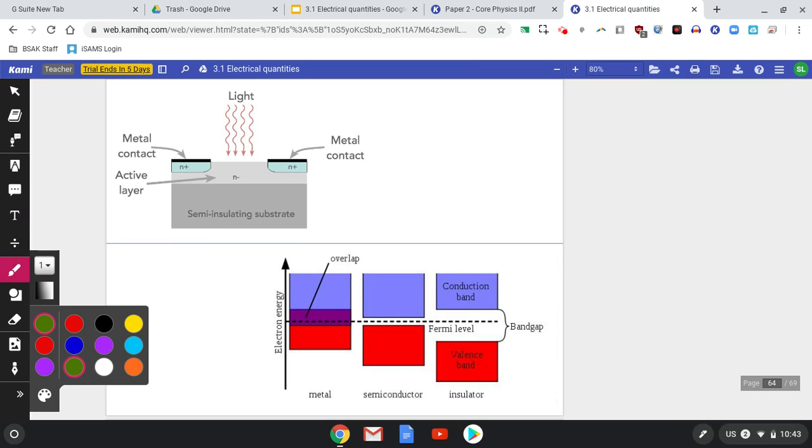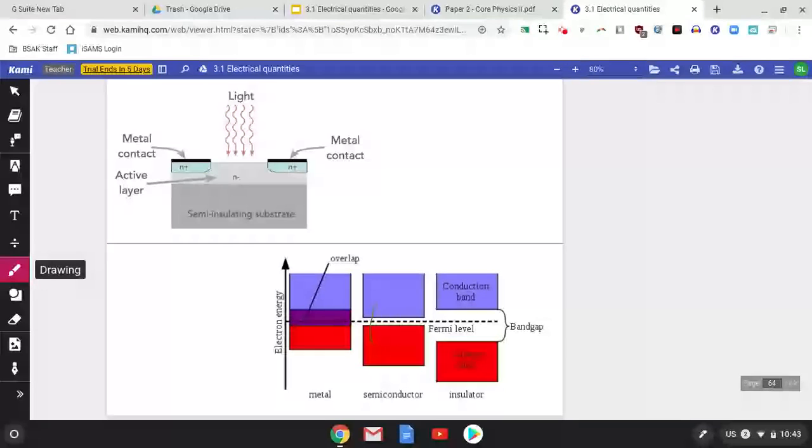Each electron will absorb a photon and make a jump into the conduction band, and then they can conduct. These electrons will conduct across the gap between the two metal contacts. So that's how LDRs work.